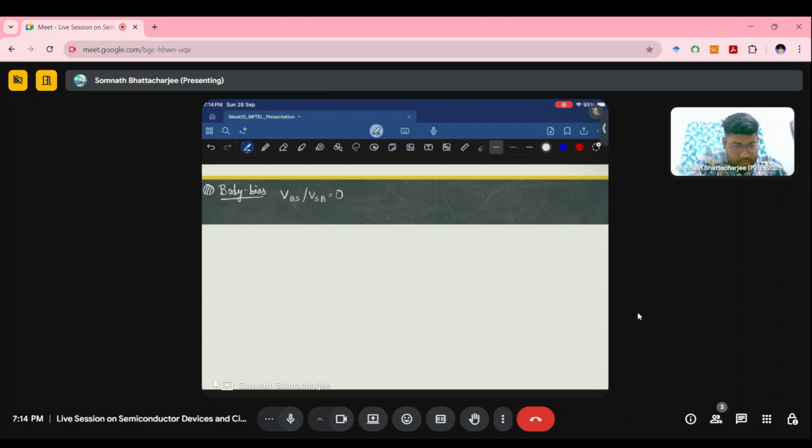So based on this body bias, we can modulate the threshold voltage, the minimum amount of voltage required to turn on this device. So how can we do that?